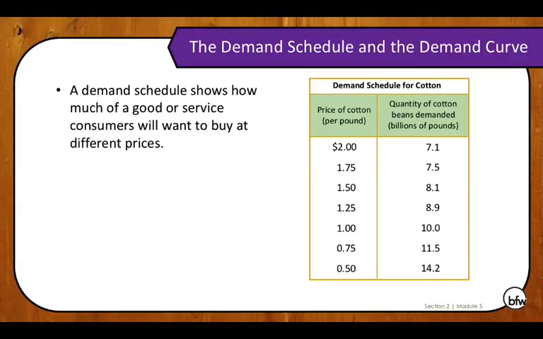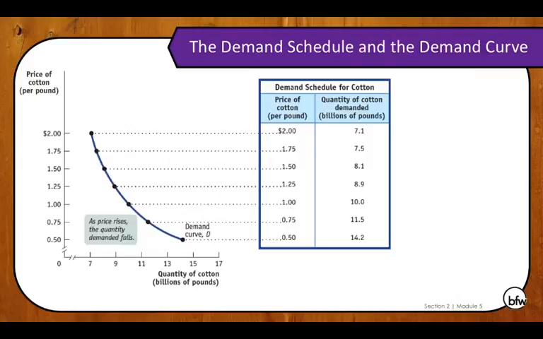Now, once we have our demand schedule, we can create what is called a demand curve. We plot the 7 prices and quantities demanded in a graph. We have a y-axis, and on the y-axis we always establish the price of a good.